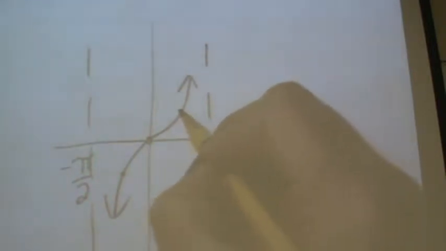Also, what's the other way to know if something's odd? If this point is, let's say, pi over 4, and this would be 1, then guess what this point is right here? Negative pi over 4 and negative 1. Remember, for an odd function, you change both of the signs of your x and y.